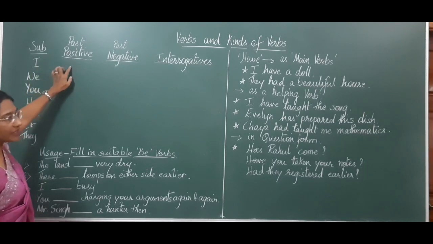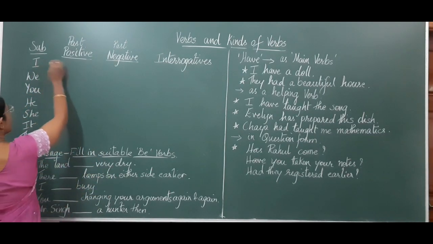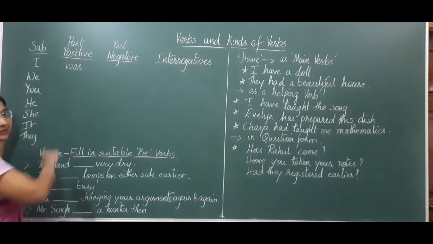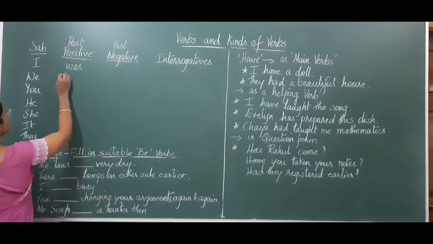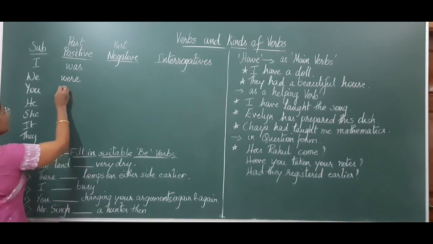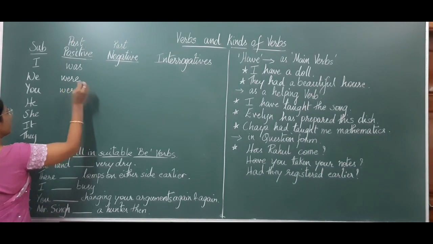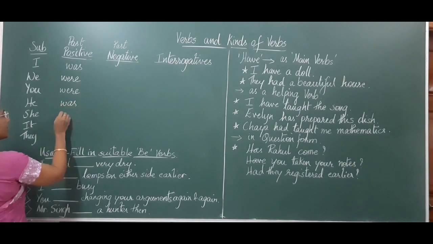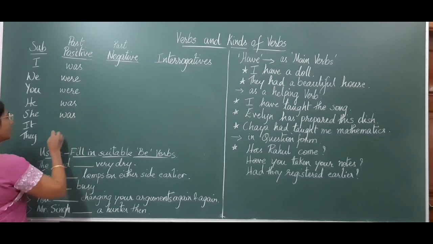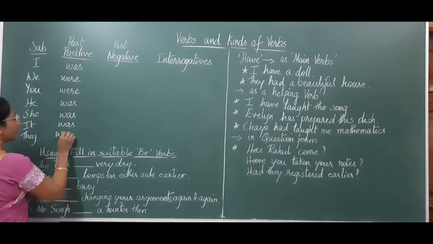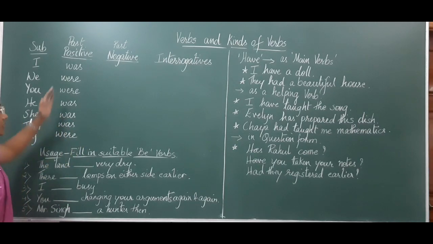So the past be verbs are: I was; we, since it is in plural form, takes were; you, both singular and plural, takes were; he, singular, was; she was; it was; they were.